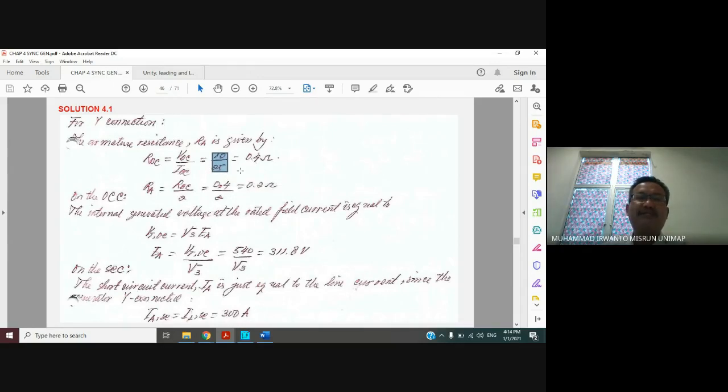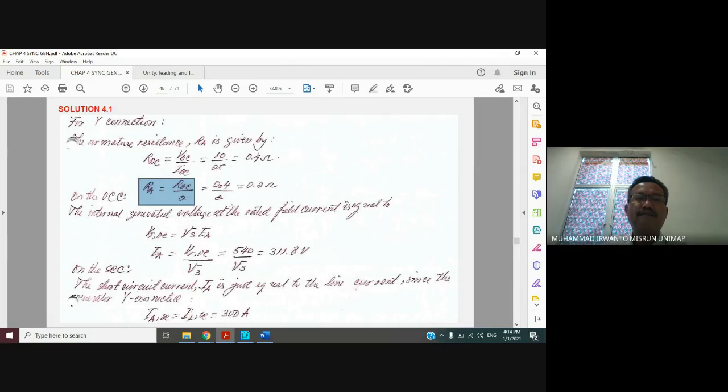After that, for the Y connection, RA is equal to RDC over 2. Ini dia formula dia ya untuk Y connection. So RDC 0.4 over 2, 0.2 ohms.